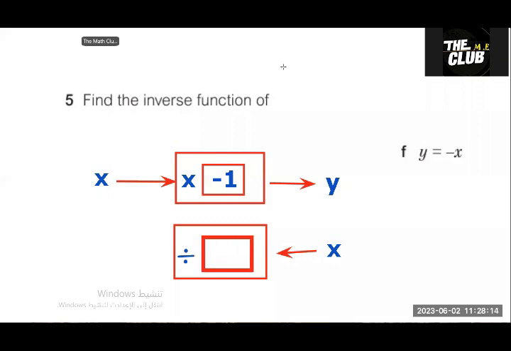I'll put it in a box like this. Divide by -1. I didn't change the negative because I already changed the multiplying to dividing. I only changed one of the signs or one of the operations. And then at the end, it will give me y. Now, I found the inverse function of this function.